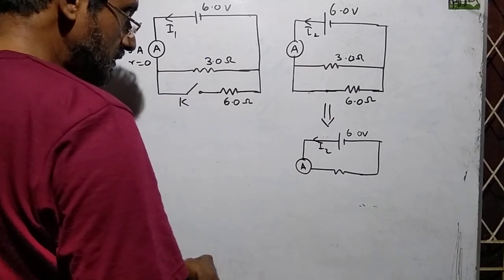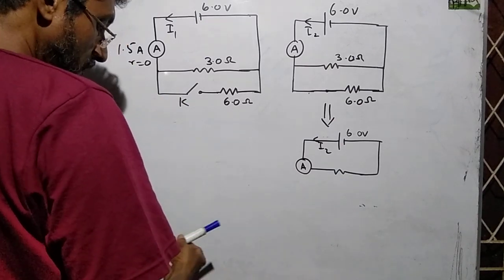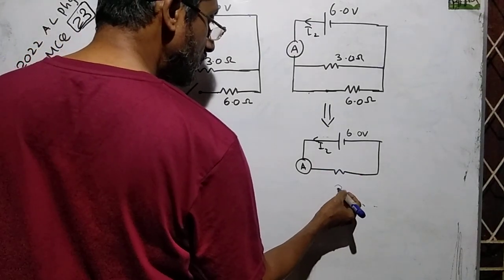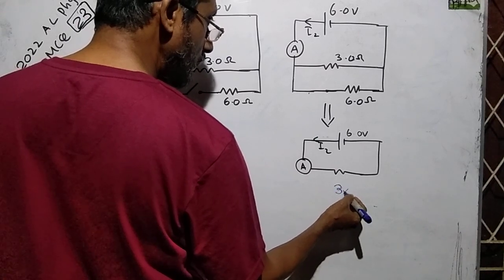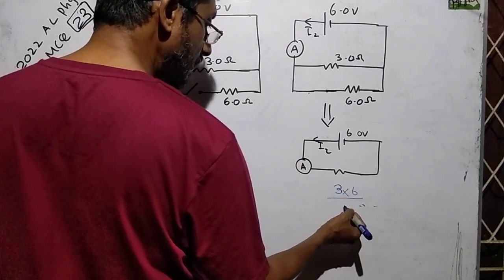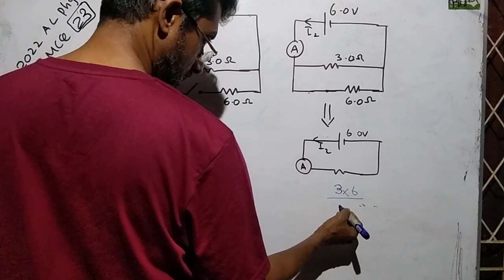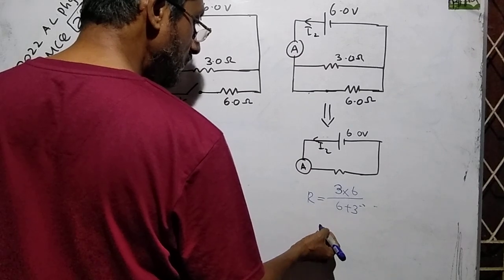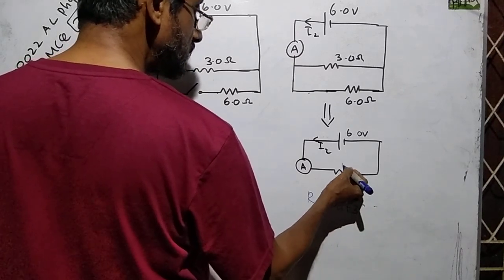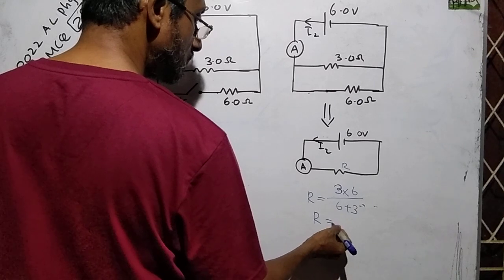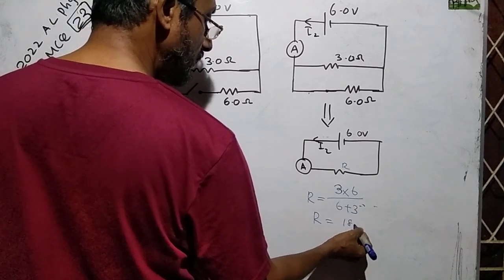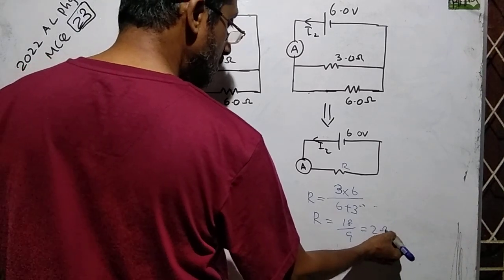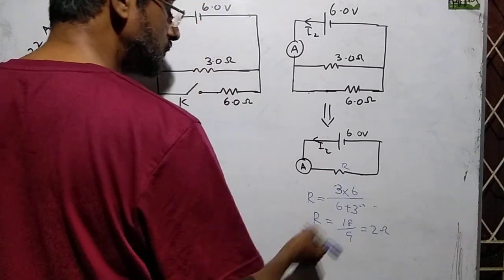The easiest way to find the equivalent resistor is 3 into 6, the product divided by the sum, 6 plus 3. The equivalent resistor R equals 18 divided by 9, which equals 2 ohms. In this case R equals 2.